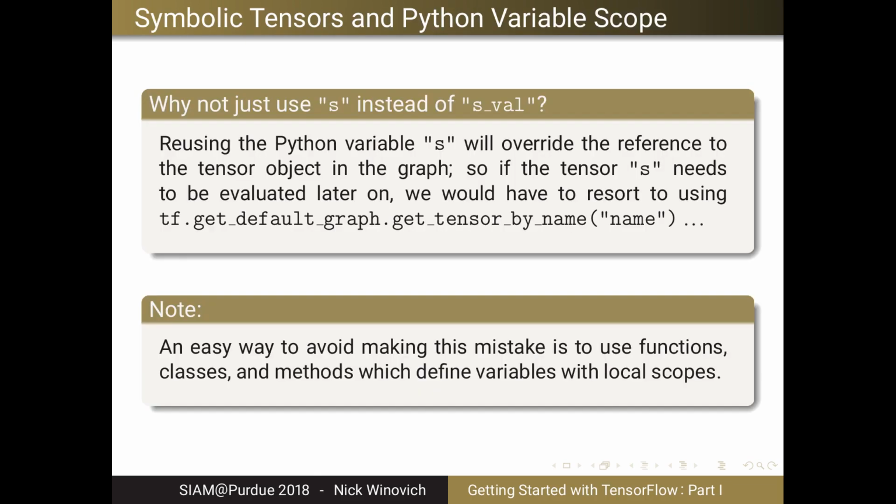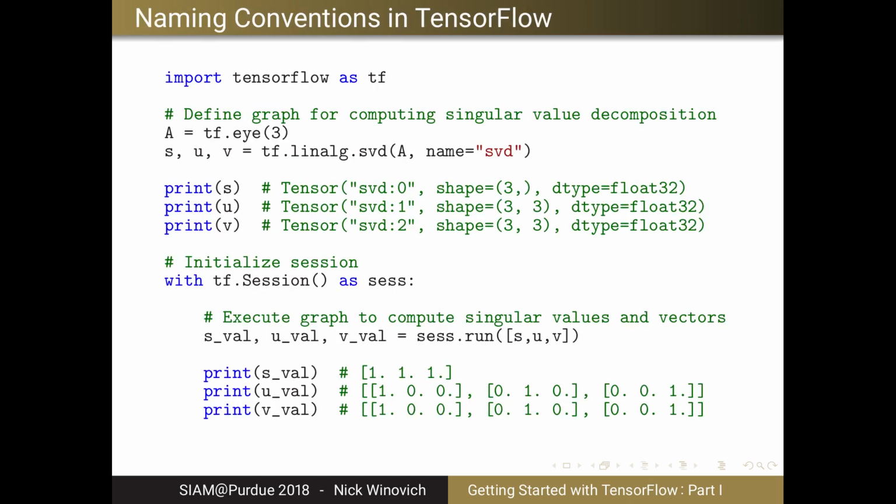Another word on Python variables is the name scope, or the variable scope. In terms of writing your code, it's a very easy mistake to make. So I say, why not just use s instead of sval? If I go back here, I have s here, sval, I want the value.